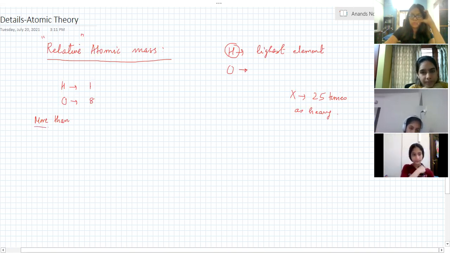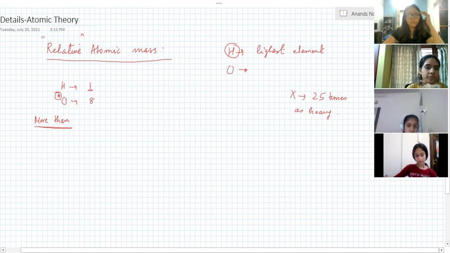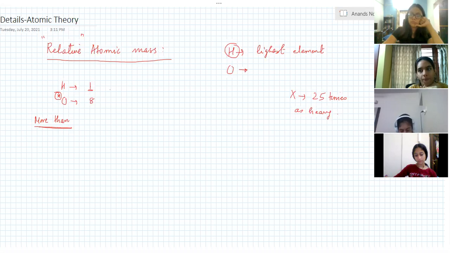Then some scientists said we should consider oxygen, because with respect to hydrogen the atomic masses of some elements started going into double digits and triple digits. They wanted an element with more mass so it becomes easy to compare. They have conferences and conventions, they get together and decide on a new standard.